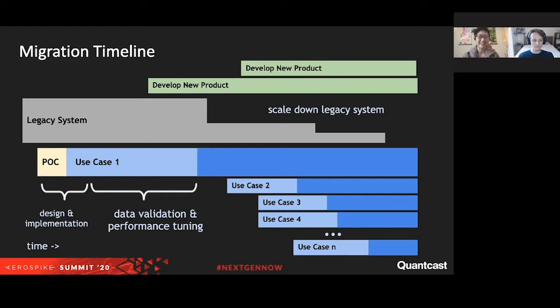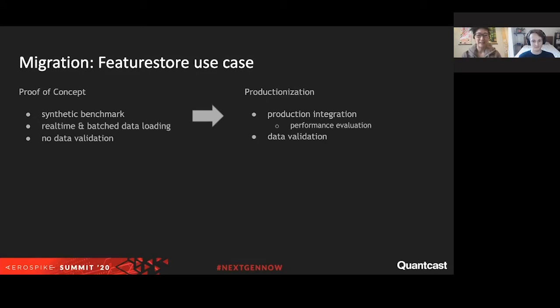We had an original POC early on, and then it took us a long time to do a bunch of data validation and performance tuning. I'll get to more details, but getting the first use case into production was pretty difficult, and subsequent use cases weren't as difficult. But it did end up being trickier than we thought it was going to be.